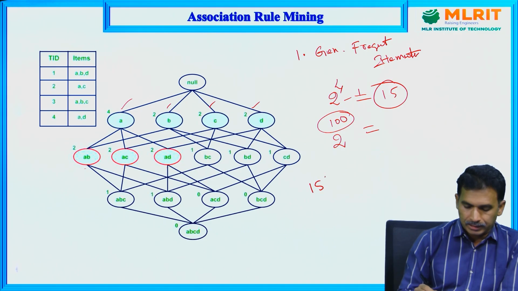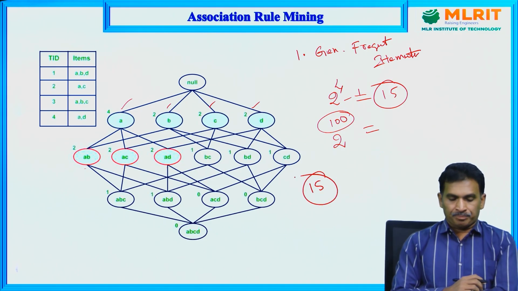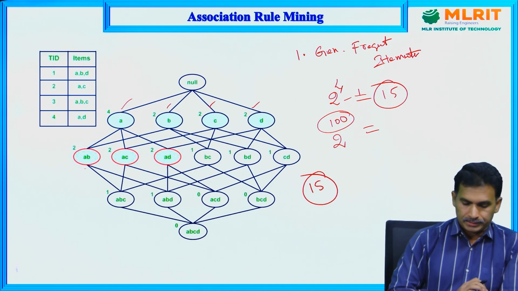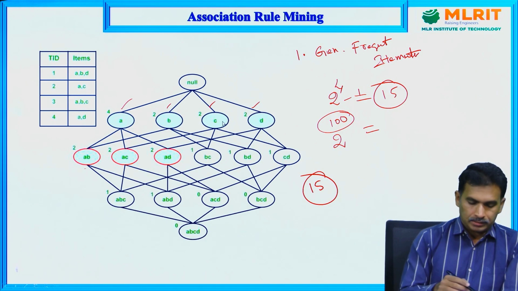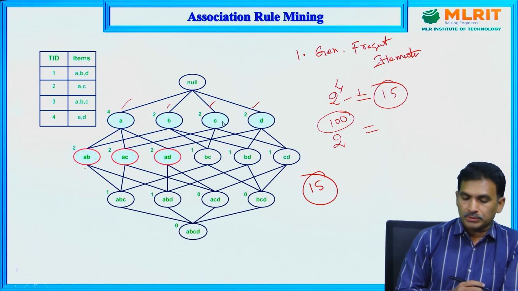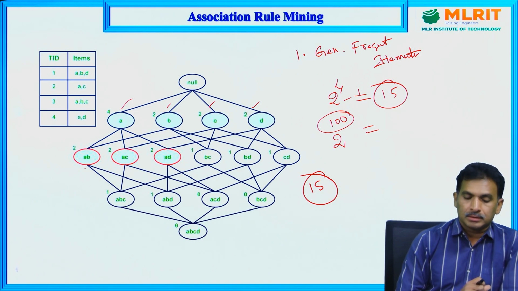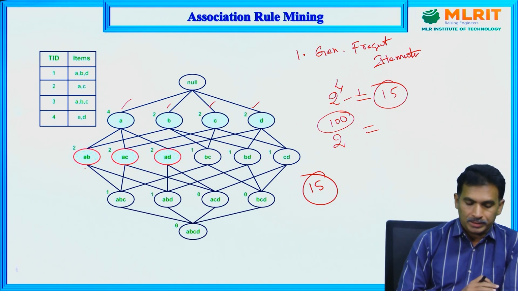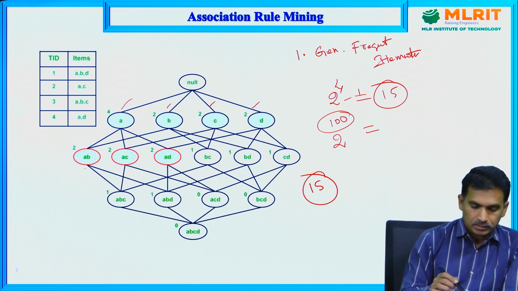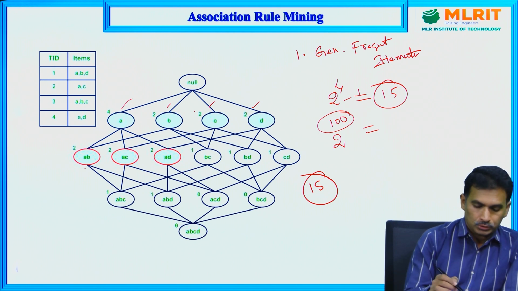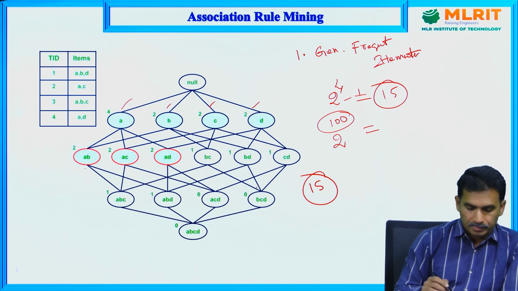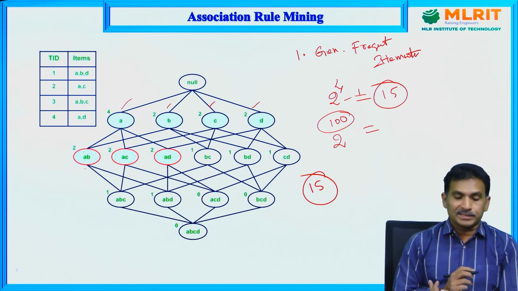So 15 item sets need to be generated and checked for frequency. Let us say the minimum support threshold is 2. That means a frequent item set must have a frequency greater than or equal to 2. If you observe the frequencies in this diagram, the ones with 4, 2, 2, 2, 2, 2 are the frequent item sets, and for all the remaining item sets the frequency is less than 2.